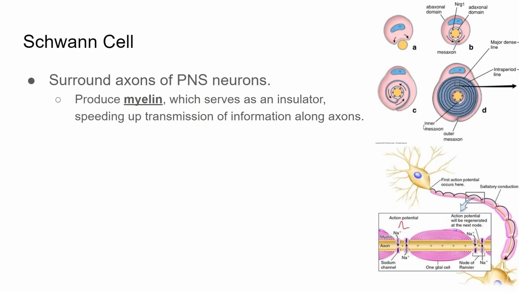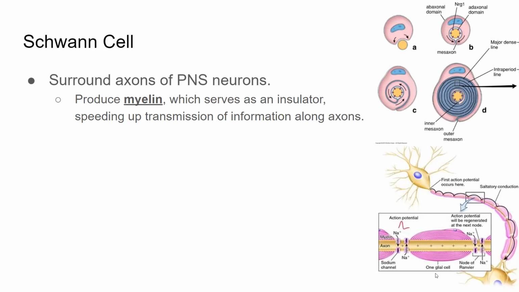Since you haven't had a true neurophysiology lecture, I'll briefly explain what happens here. When the neuron is sending an electrical signal, it depolarizes. Voltage-gated sodium channels open and sodium rushes into the neuron, creating a positive charge inside, and it keeps opening sodium channels down the neuron, so the signal is propagated down the axon.